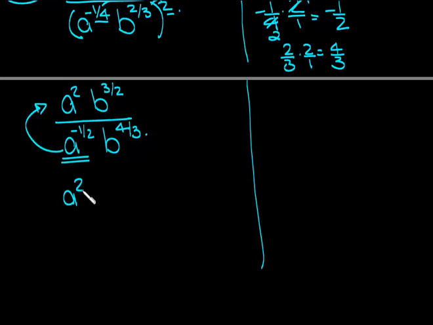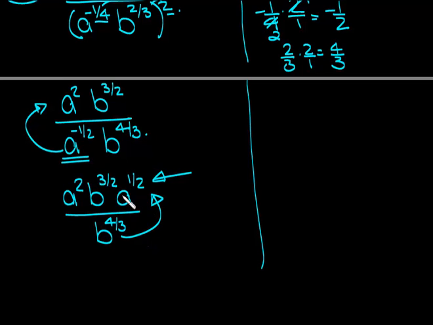So we get a squared, b raised to 3/2, a raised to 1/2, divided by b raised to 4/3. Now it's hard to cancel these a's with b's because it's hard to cancel fractions. So when we are working with rational exponents, instead of canceling, we just move everything to the top. Even if it's not negative, we move it to the top.